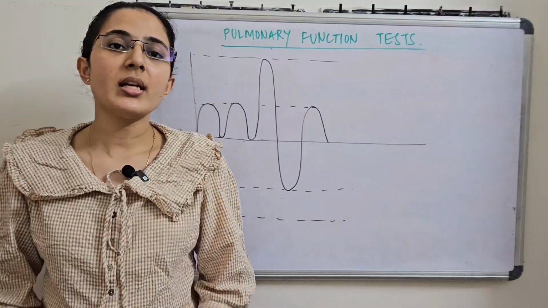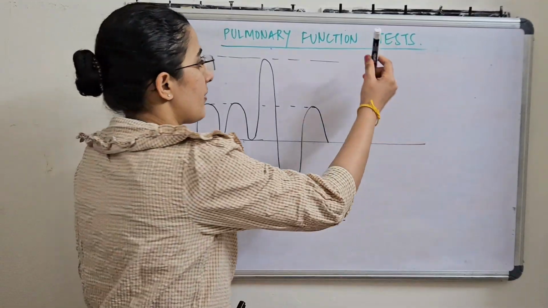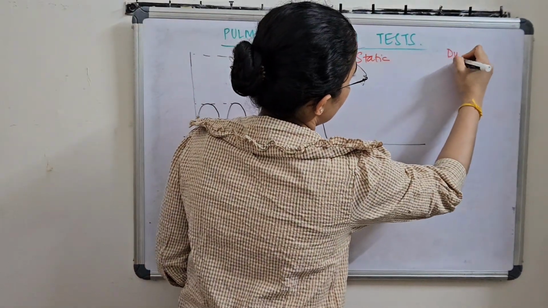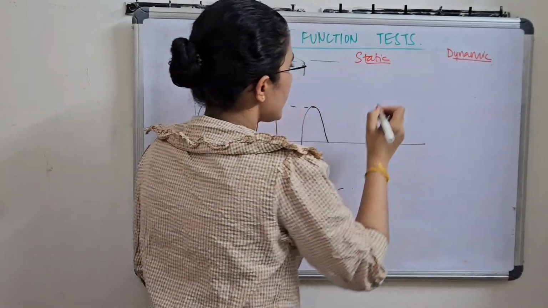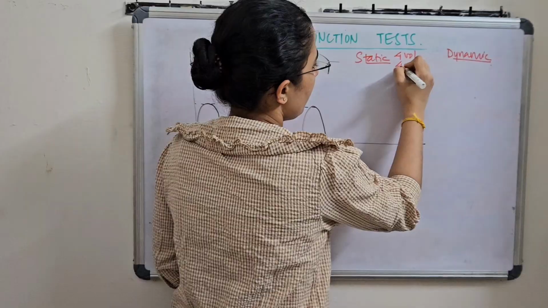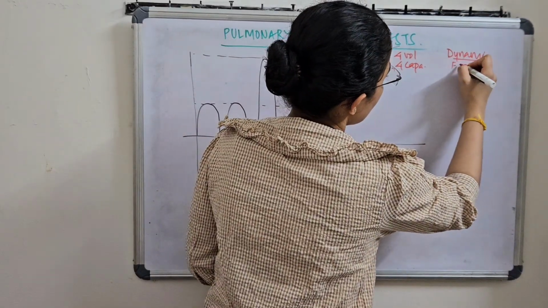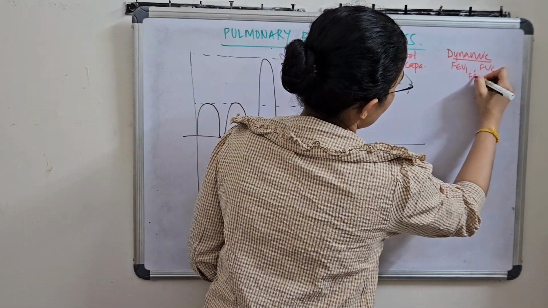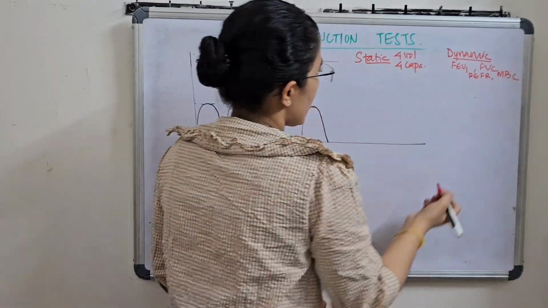So in spirometry, we will basically be seeing the static lung function tests and the dynamic lung function tests. In the static function tests, we have 4 volumes and 4 capacities, whereas in dynamic lung function we will be seeing FEV1, FVC, peak expiratory flow rate, and maximum breathing capacity.